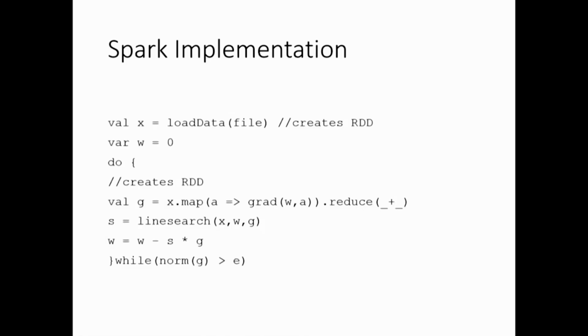and that is nothing but just a local variable. Your data set is huge, but your parameter is not, right? So your data set is distributed in the memory in multiple computers, and then this is just one line. So you have a function which, given the parameter w and the data point a, which has both x and y components, can compute the gradient.